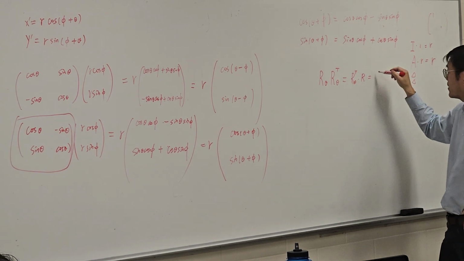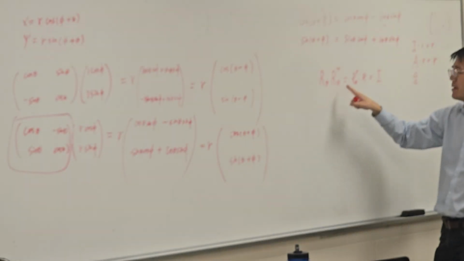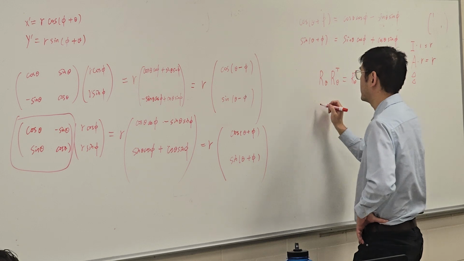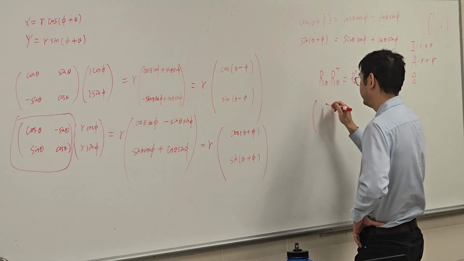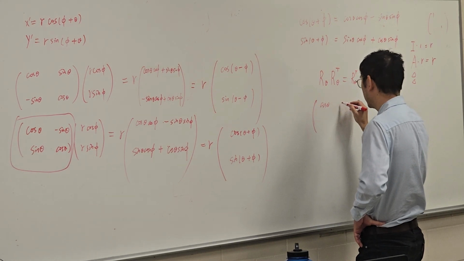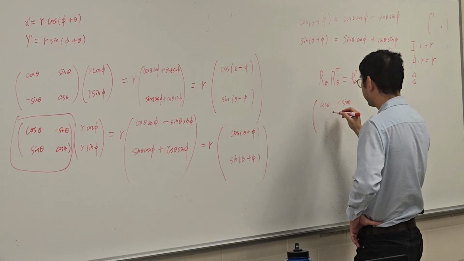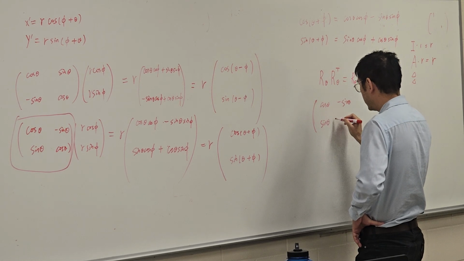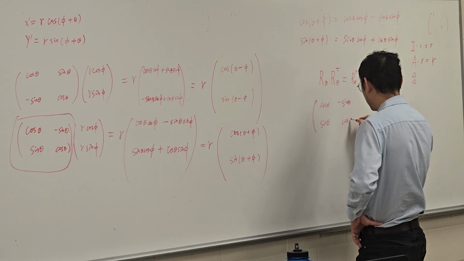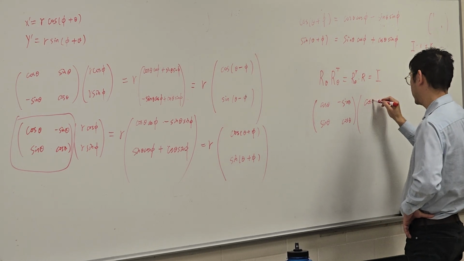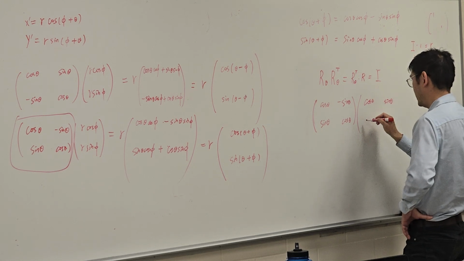So I'm expecting I should get the identity matrix by multiplying those two. We can work that out explicitly as well. Let's see. Cosine, minus sine, and then cosine, sine.